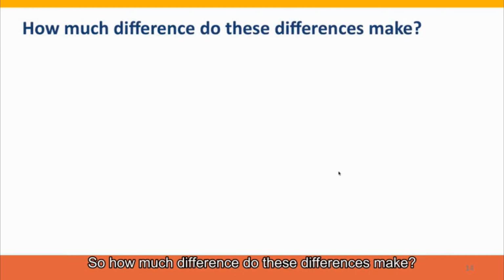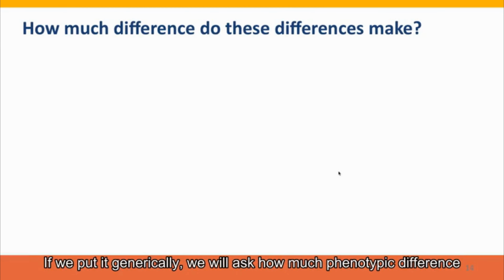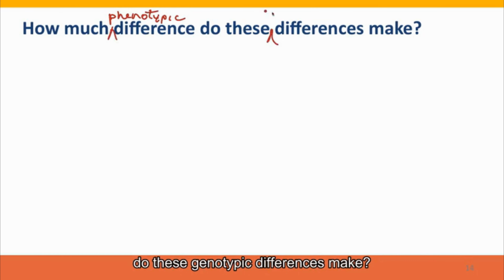So how much difference do these differences make? Well, that's kind of a silly question. If we put it genetically, we will ask how much phenotypic difference do these genotypic differences make?